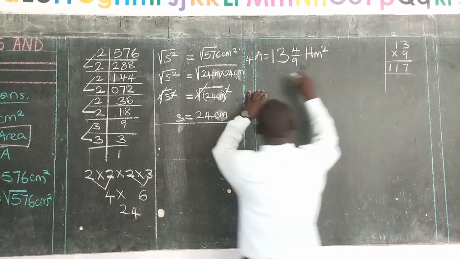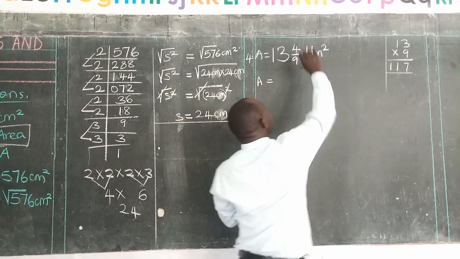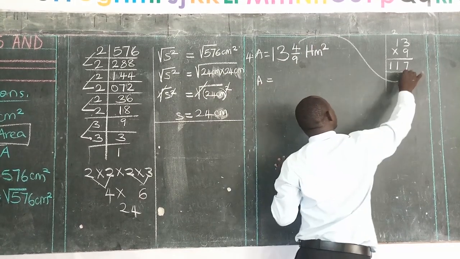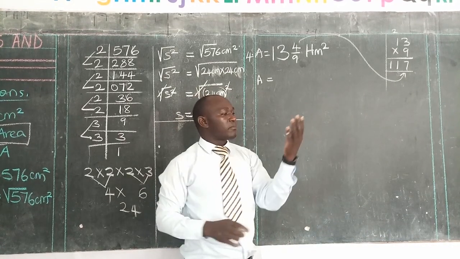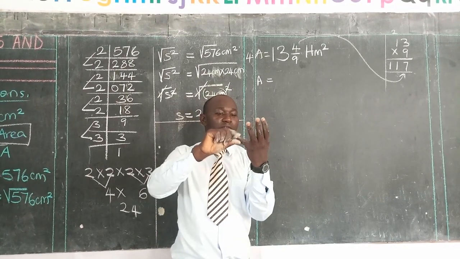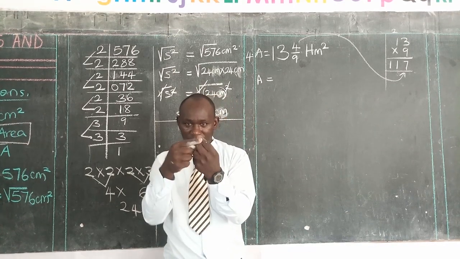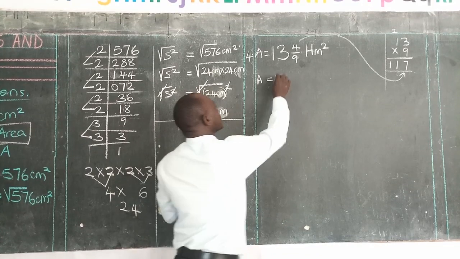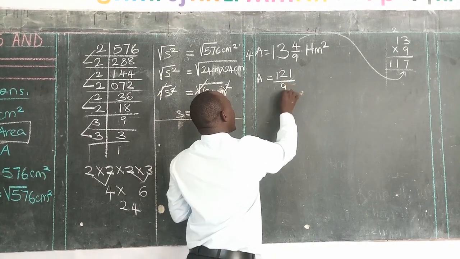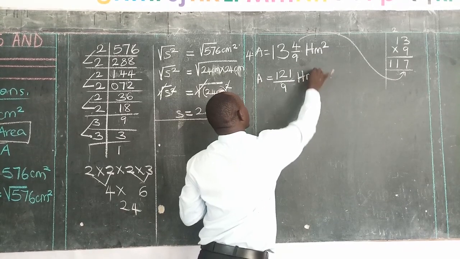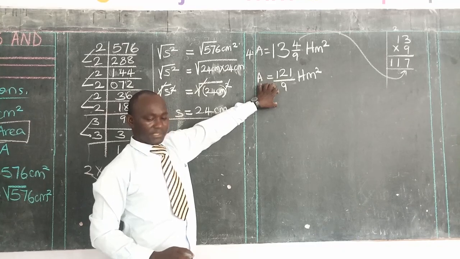So to change this into an improper fraction, we need to add the numerator to this. So I have 117 plus 4, that is 118, 119, 120, 121. So this is 121 out of 9 square hectometers. So we are supposed to deal with this.